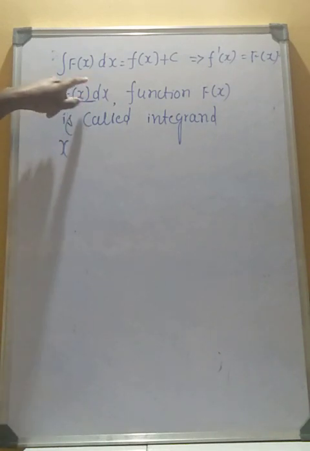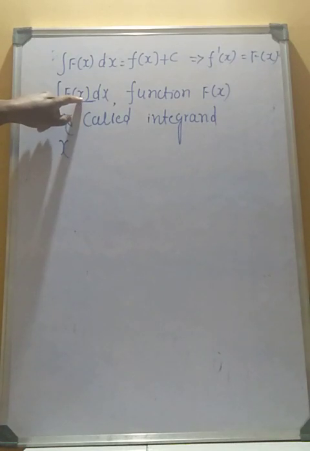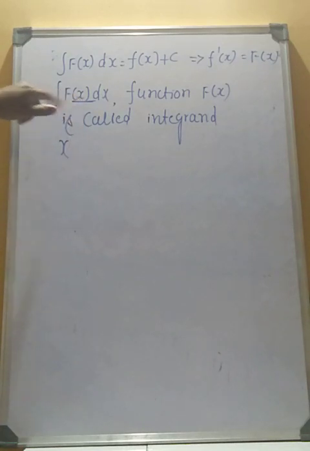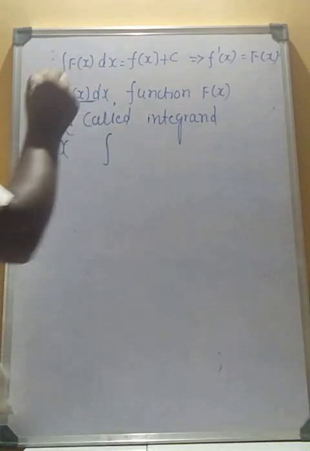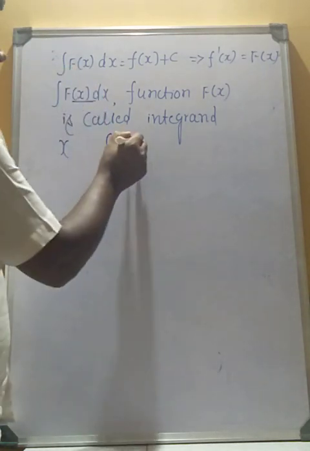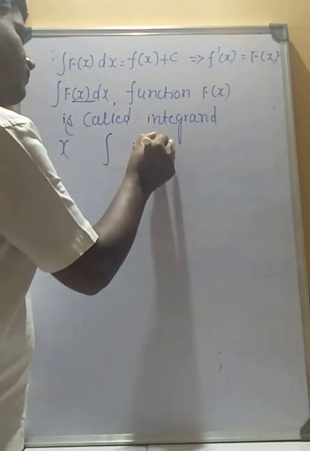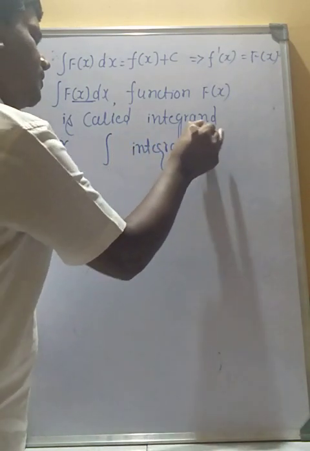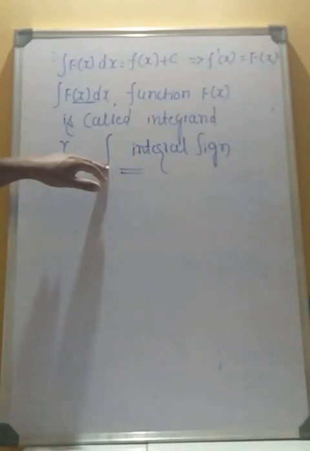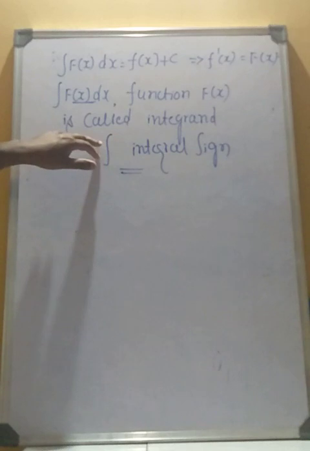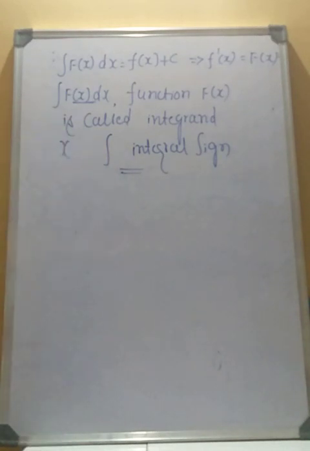F of x is called the integrand. Here x is called the variable of integration. This symbol is called the integral sign. So therefore, what is the definition of integration?